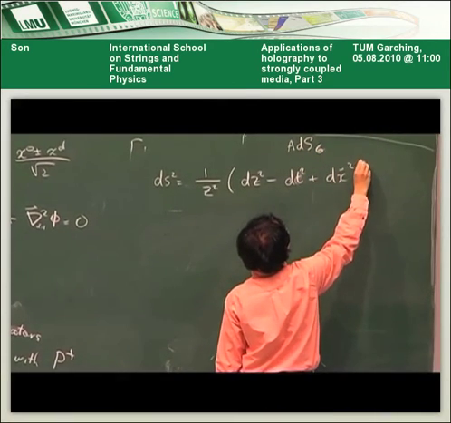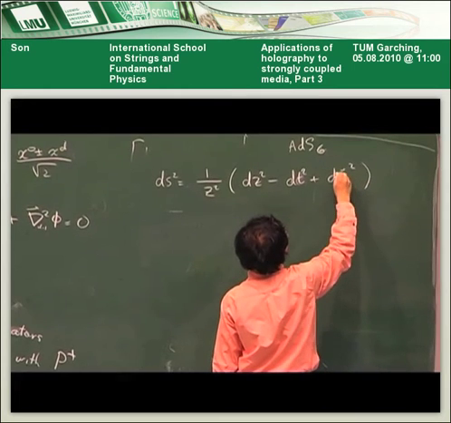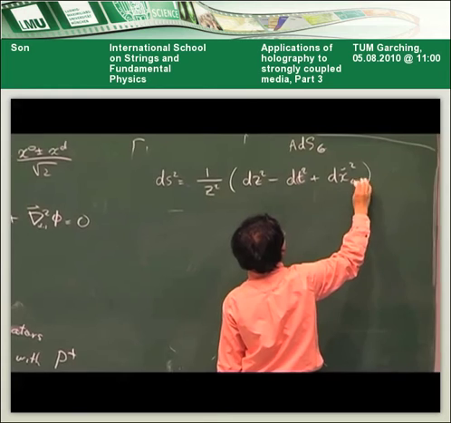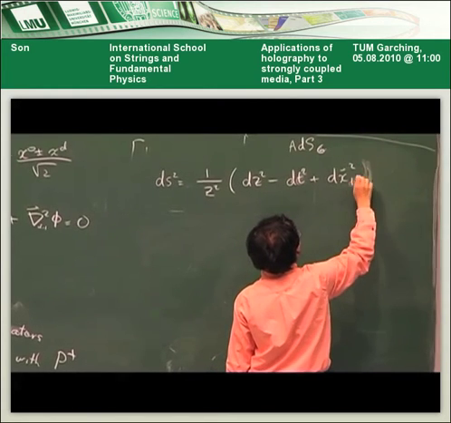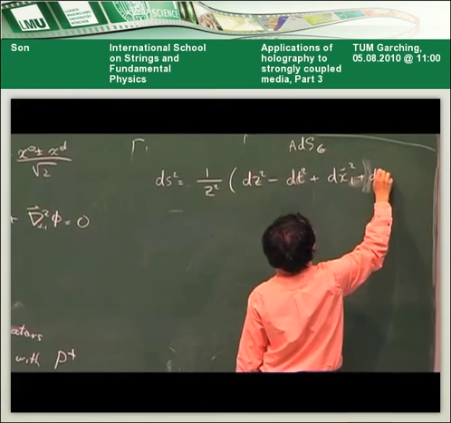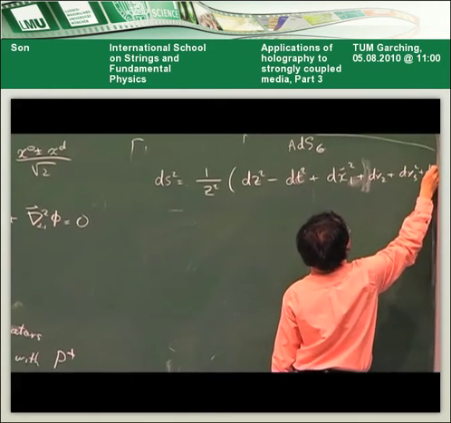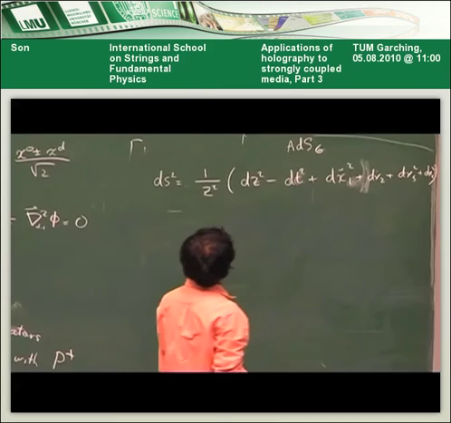Okay, so for them, there are four of these: dx1 plus dx2 plus dx3 squared plus dx4 squared.